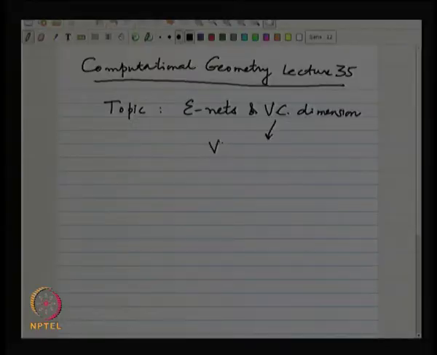This was first discovered in the context of what is called hypergraph theory, back in the early 70s or so, and VC denotes the names of the two authors, two Russian mathematicians, Vapnik and Chervonenkis.